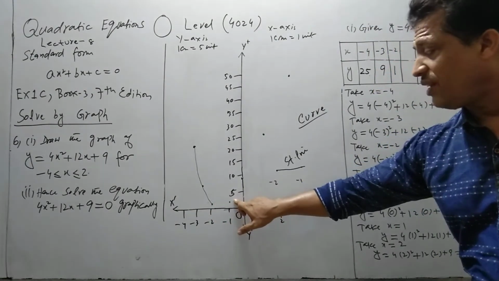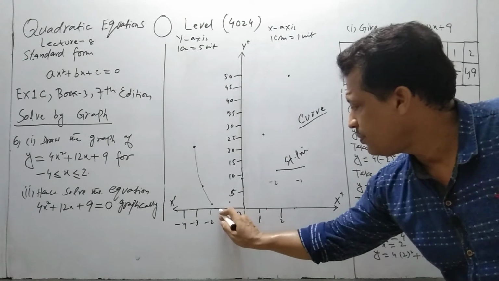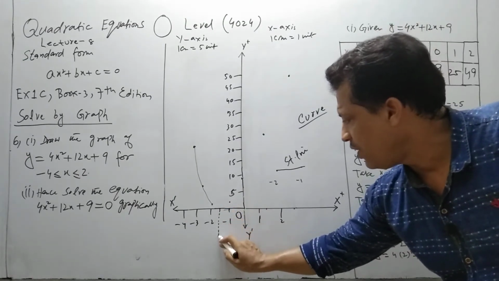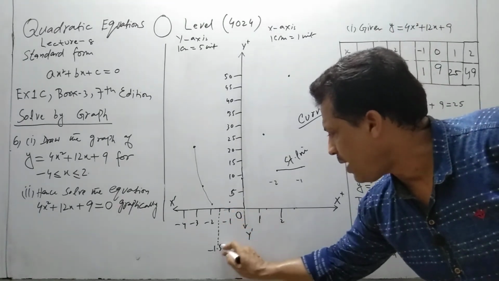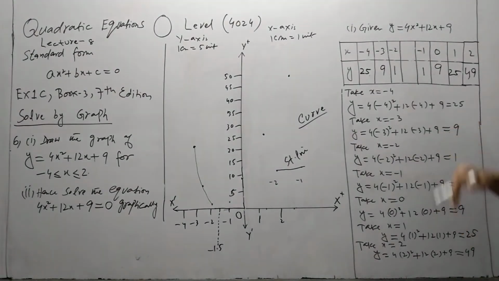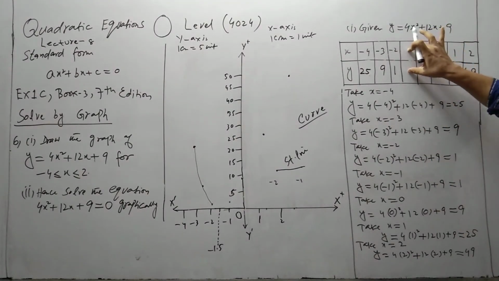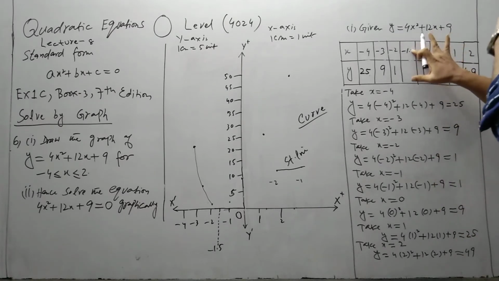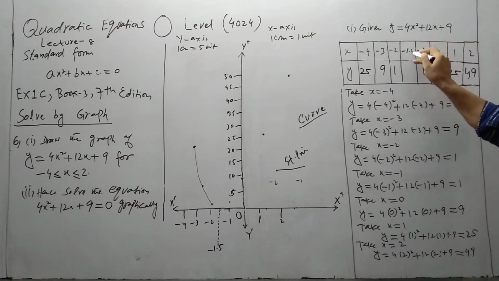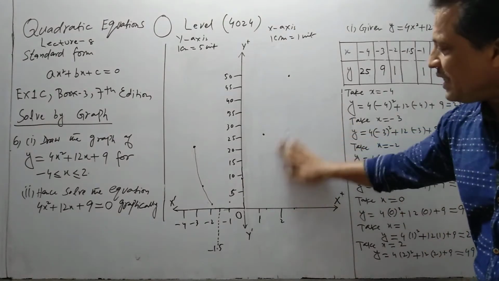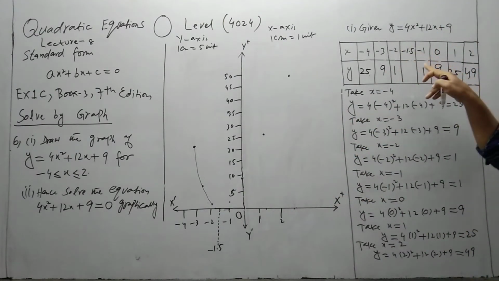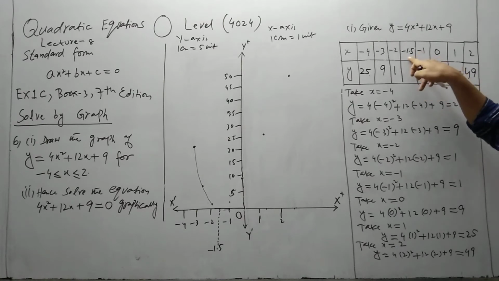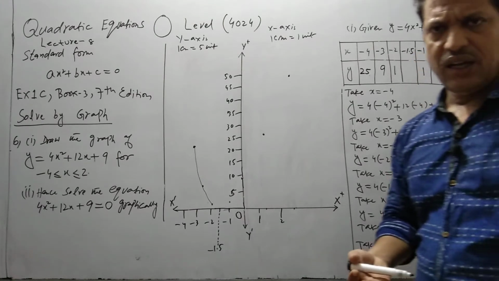We have to take one more x value, that is -1.5. So why did I leave this box empty? Just for your information. So I am taking one more value, -1.5. If we have two consecutive same values, we must take one more value, which is a decimal, of course.